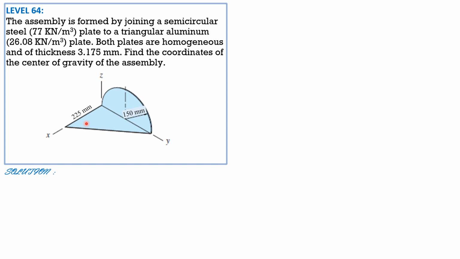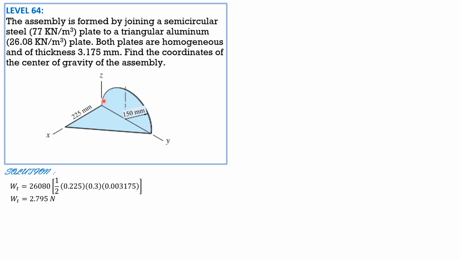So the weight of the triangular plate is the specific weight of aluminum, 26,080 newtons per cubic meter, times the volume: 1/2, base 0.225, height 300 mm or 0.3, then thickness 0.003175. So the weight of the triangular plate is 2.795 newtons.